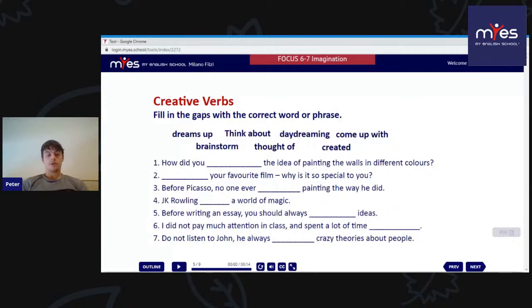Number 3, before Picasso, no one ever painting the way he did. Number 4, J.K. Rowling a world of magic. Number 5, before writing an essay, you should always ideas. Number 6, I did not pay much attention in class and spent a lot of time. And number 7, do not listen to John. He always crazy theories about people.